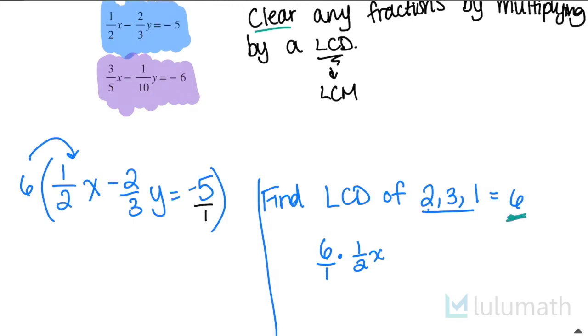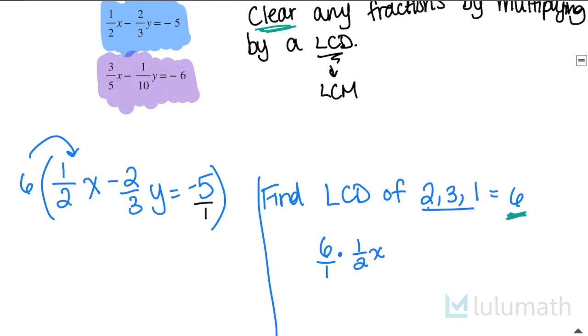We should always end up getting denominators of 1, because our goal is to clear any fractions. The 2 and the 6 are both divisible by 2, so 2 divided by 2 is 1 and 6 divided by 2 is 3. I've got 1s in my denominator, and in my numerator I have 3 times 1 times x left over, which is 3x.